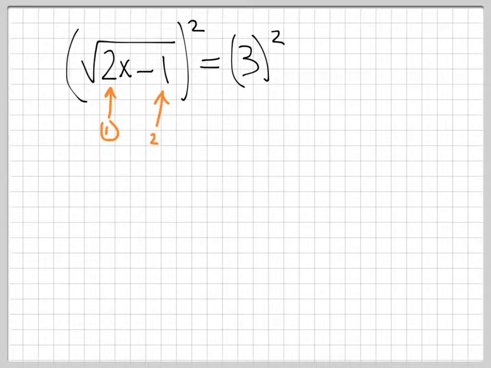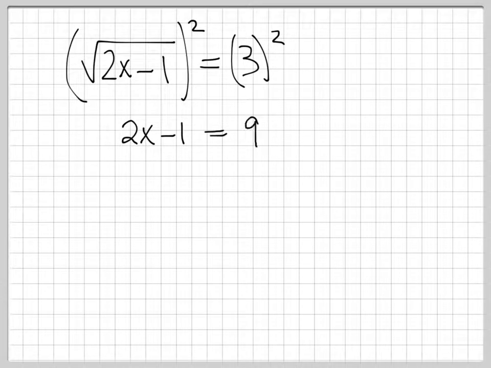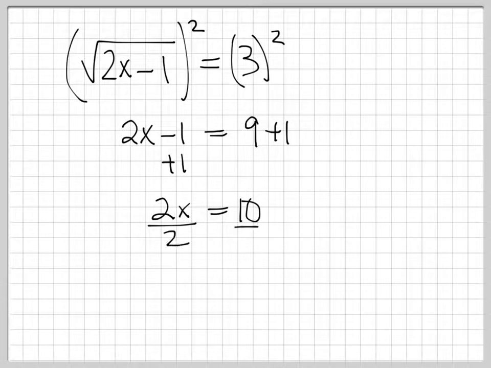After that, we subtract the 1, and then we take the square root. So we need to undo the square root first. And so we get 2x minus 1 equals 9. We now need to undo subtracting 1. And so we get 2x equals 10. And so x equals 5.